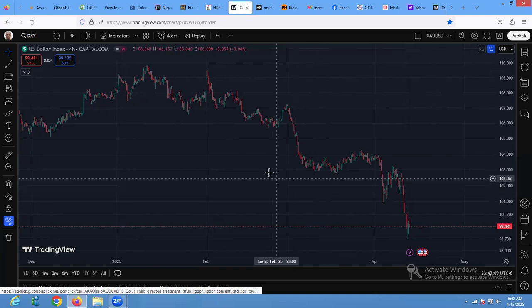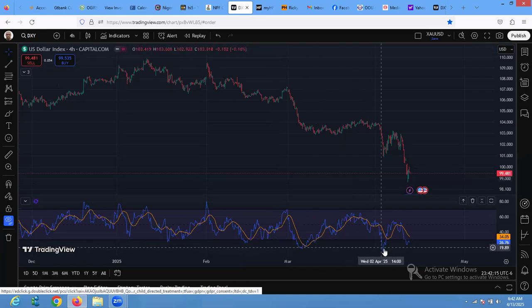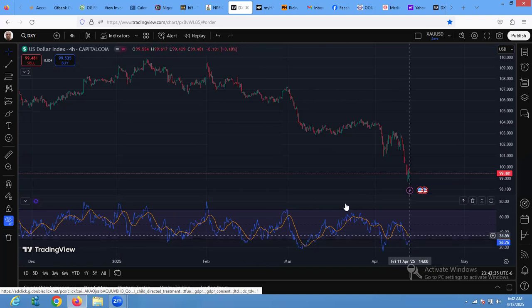Then let's look at RSI on this 4-hour time frame. In the RSI so far, we may be nearing the end of the structure. From here, look at this RSI here and RSI here. Even though the price is moving more to the downside, the RSI is pulling up here.